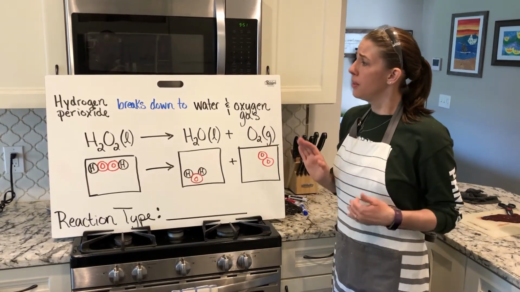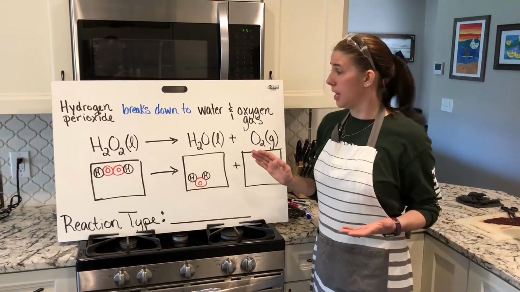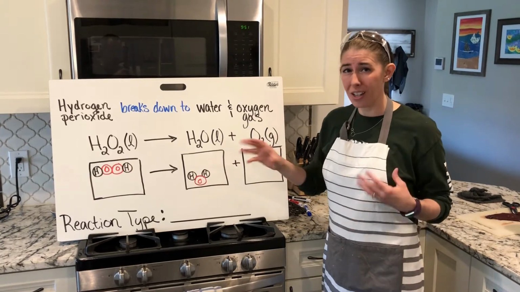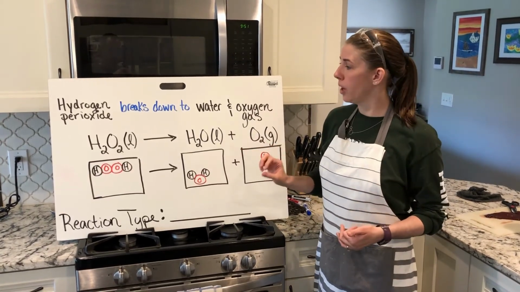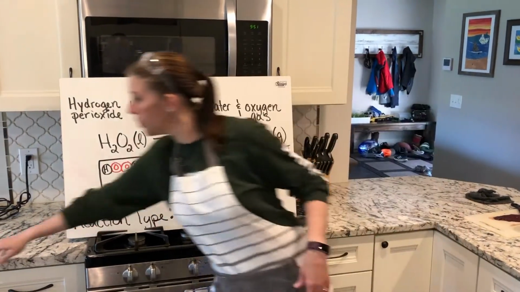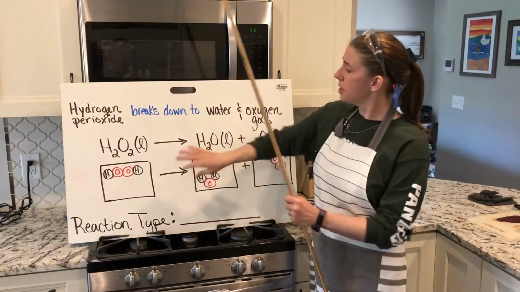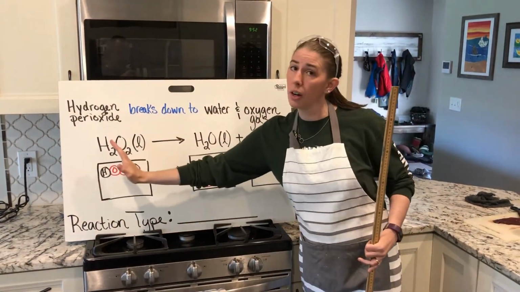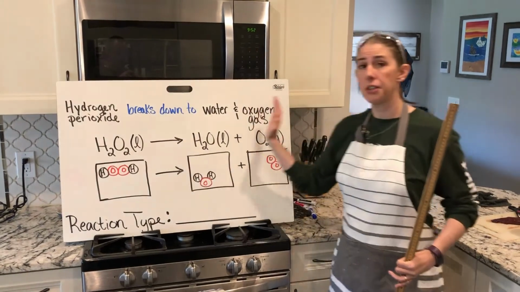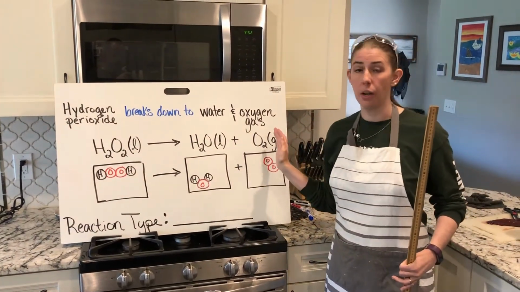So the very first thing that I want us to focus on is balancing this equation. And we're going to do that in conjunction with drawing a picture. If you notice the arrows here, what's in front of the arrow are our reactants, and what's after the arrows are our products.